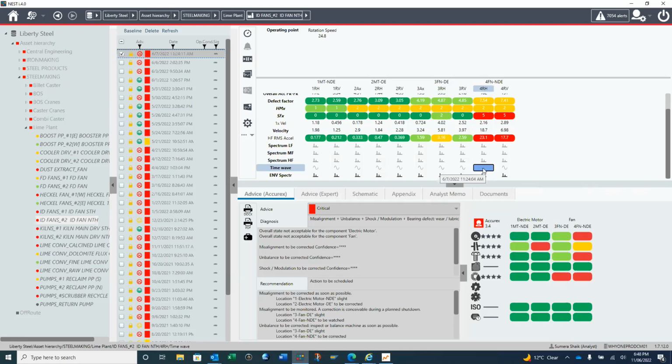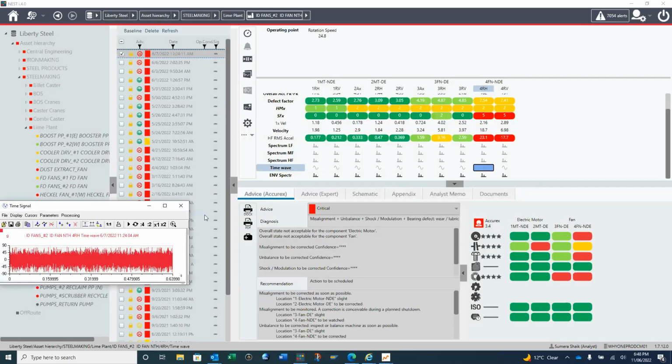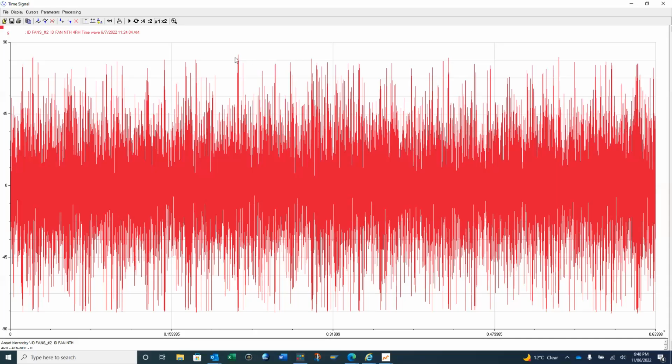The change in the acceleration. Oh, acceleration. You can see the acceleration is 90 Gs. 90 Gs? Yeah. In my experience I use velocity in mm per second. We always use mm per second, not Gs.